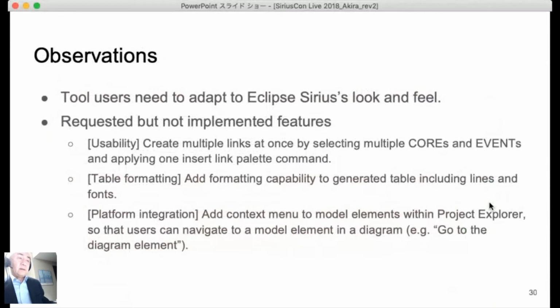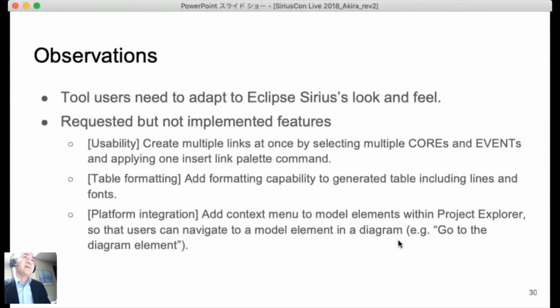One thing is about usability. They wanted to create multiple links at once by selecting multiple nodes, boxes, and applying one command from the palette. And the second one is text table formatting.